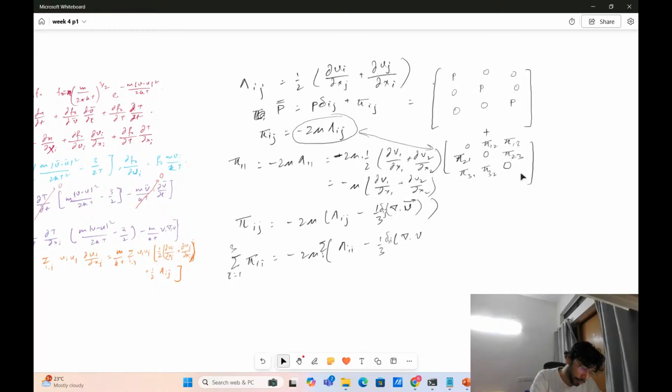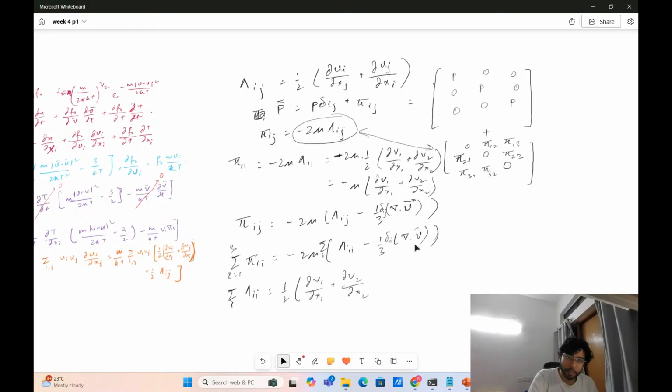Let me write it down like this. Now, let's calculate each term one by one. Let's calculate the first term, the summation over i of lambda ii.